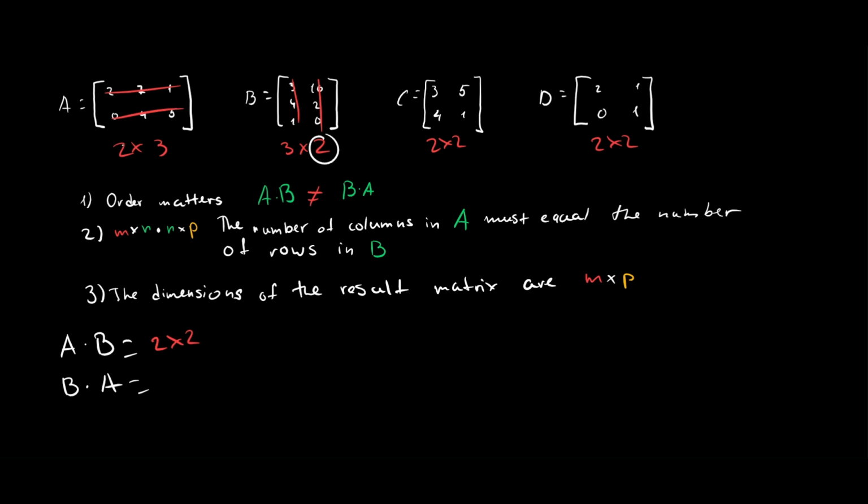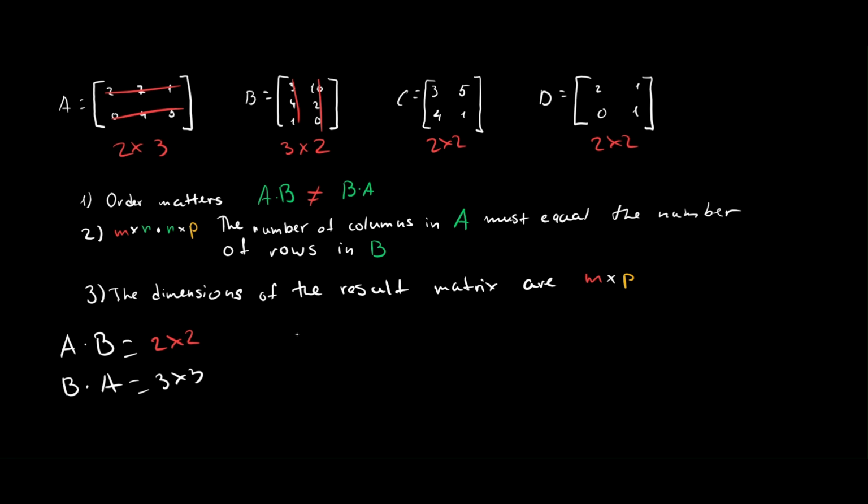So we have 2 columns here and 2 rows here, which means we can multiply those two matrices, and we're going to get a new dimension, a matrix 3 by 3. Awesome. Okay, let's see the next example.